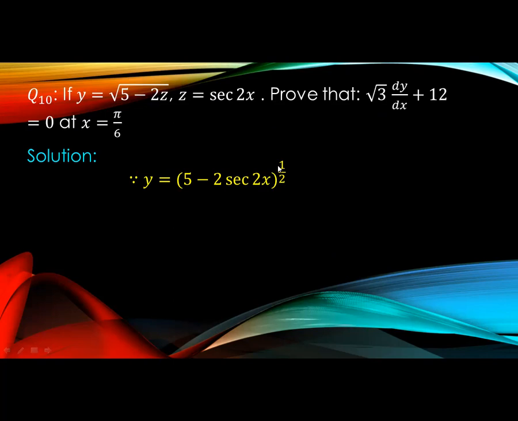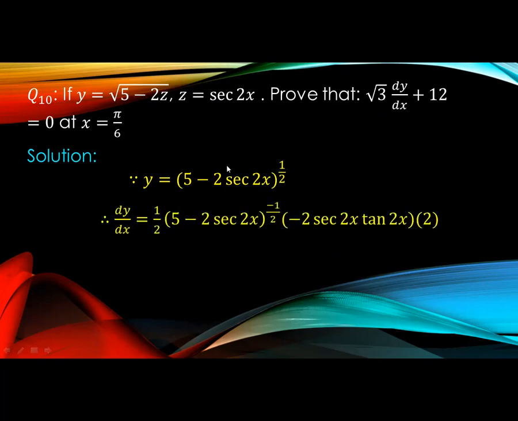This function is raised to the power half, so for its first derivative we drop the power half, subtract 1 from the power, it means a half multiplied by 5 minus 2 sec 2x all to the power negative half, multiplied by the derivative of sec, which is negative 2 sec 2x tan 2x multiplied by 2.